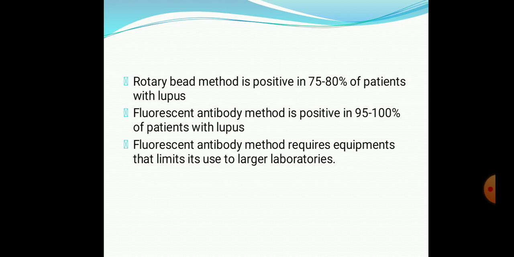The rotary bead method is positive in 75 to 80% of patients with lupus. The fluorescent antibody method is positive in 95 to 100% of patients with lupus, but it requires equipment that limits its use to larger laboratories.